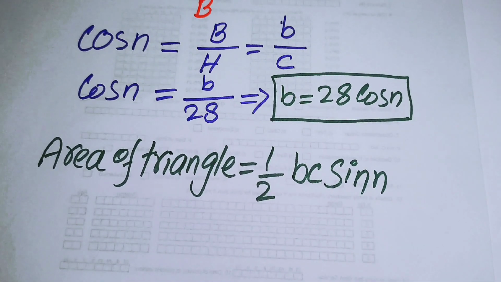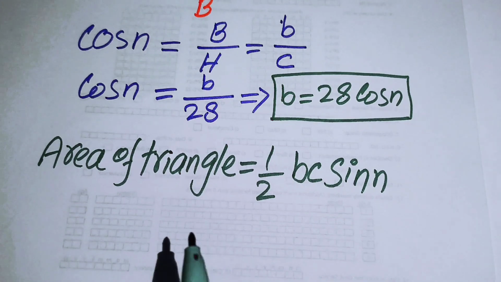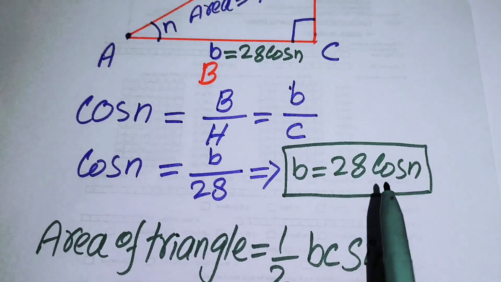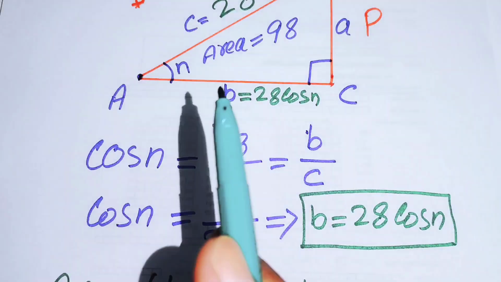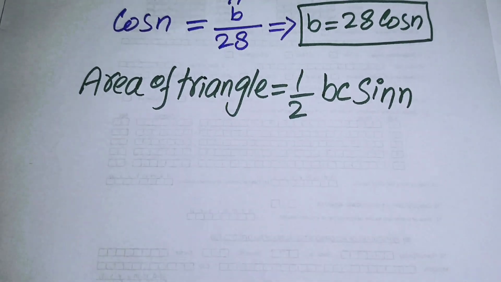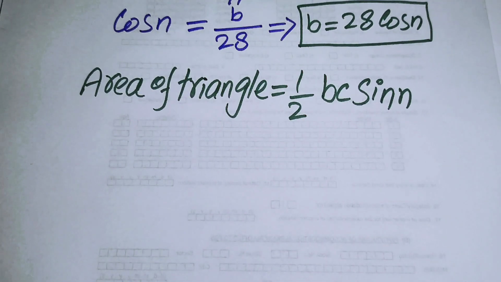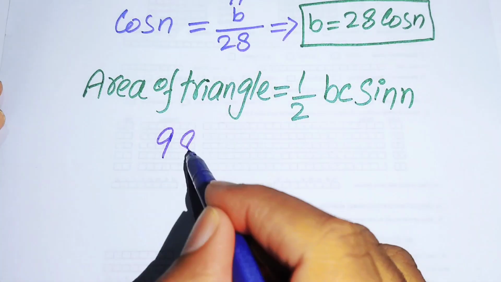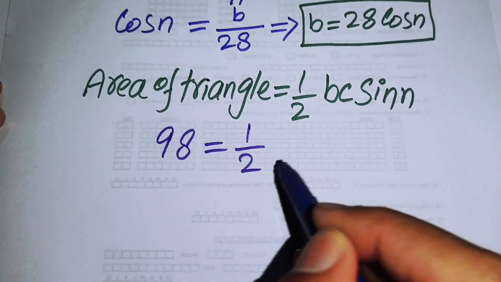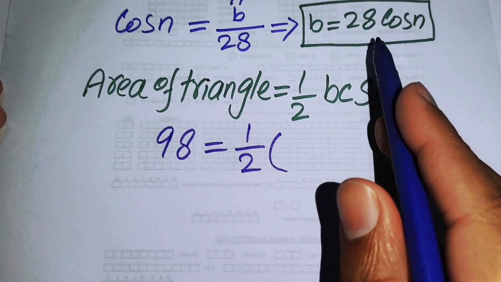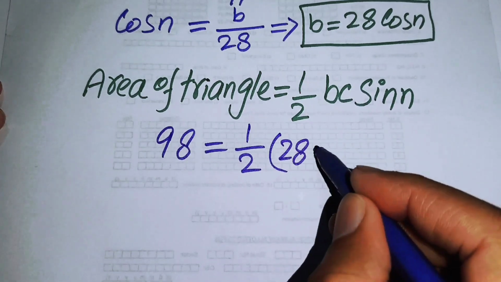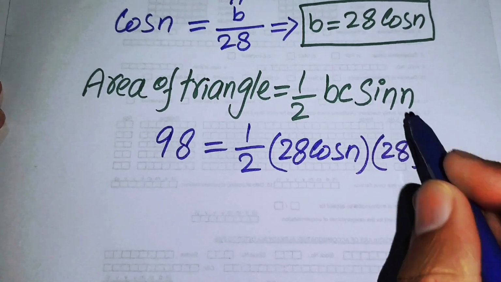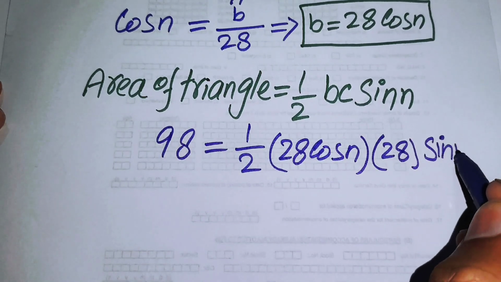Now we will put in all the values, because we know that the area of the given triangle is 98, the side b is 28 cos of the angle n, and the side c is 28. So we can put the area of triangle 98 equals 1 over 2 times the value of b, which is 28 times cos n, and the value of c is 28 into sine of the angle n.